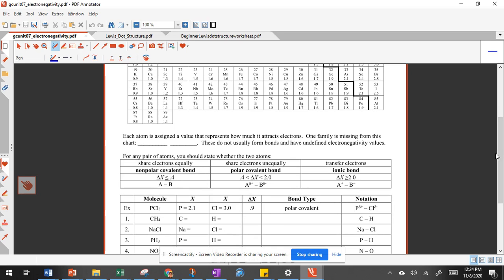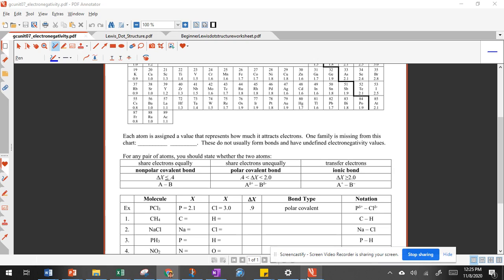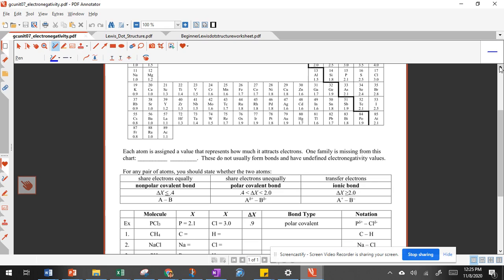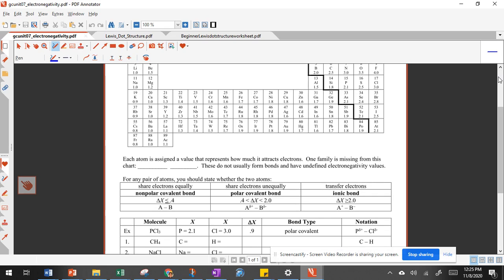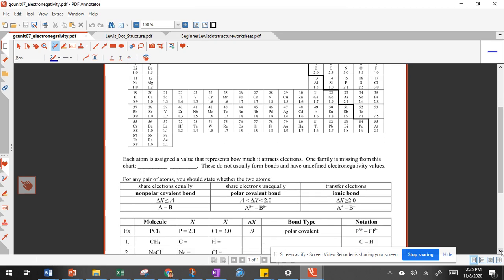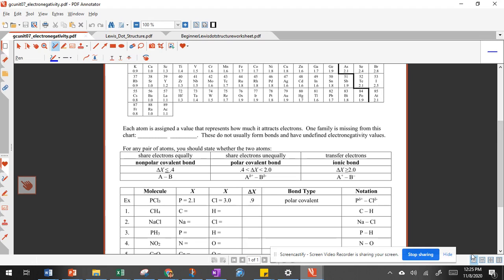Here we have carbon and hydrogen. Don't worry about the fact that there are four hydrogens or one carbon. Just look at the electronegativity values for those two elements. If we go to the top, we see carbon has an electronegativity of 2.5. I'm going to write that down. And hydrogen has an electronegativity of 2.1. So here we have carbon, 2.5, hydrogen, 2.1.